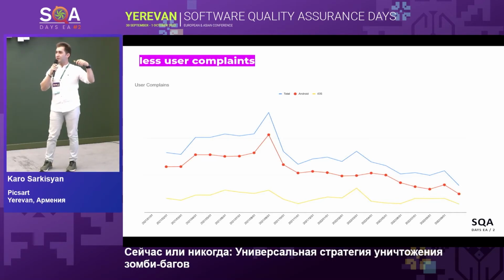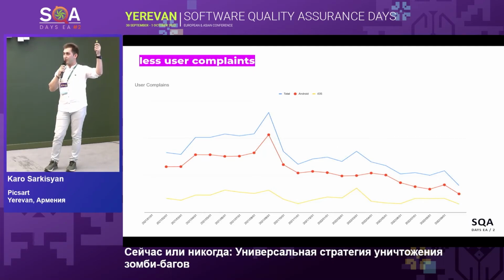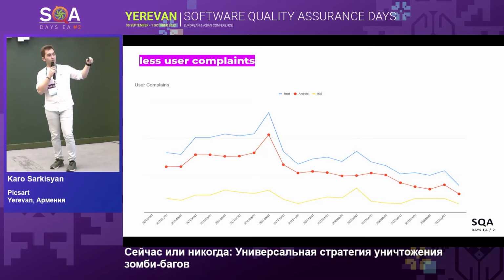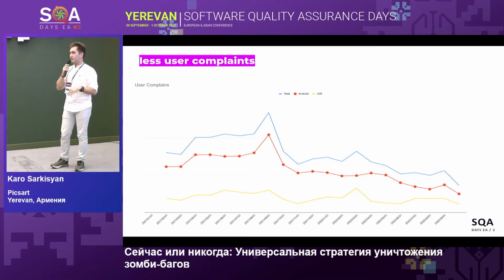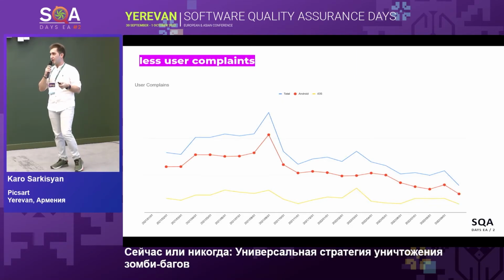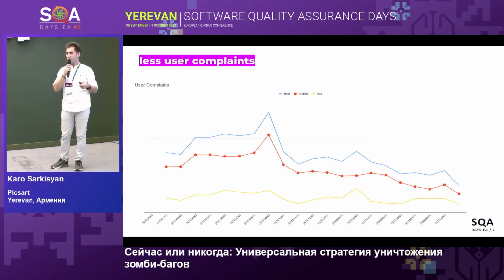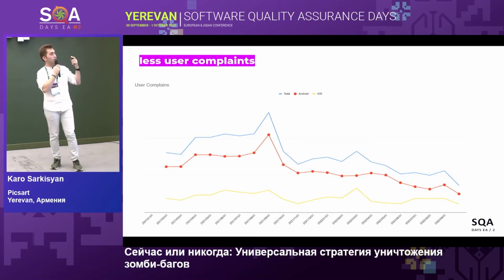So we halved the number of bugs in our Jira, and after a year the number of complaints was halved. So having a preventive action like limiting the teams on their bugs also helps our statistics regarding user complaints.